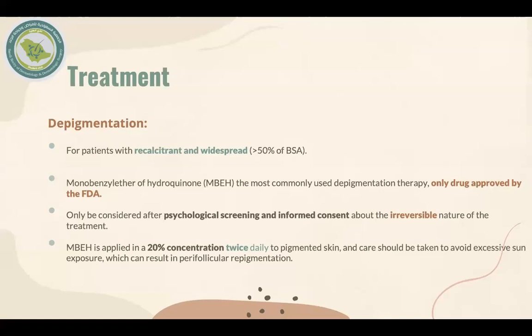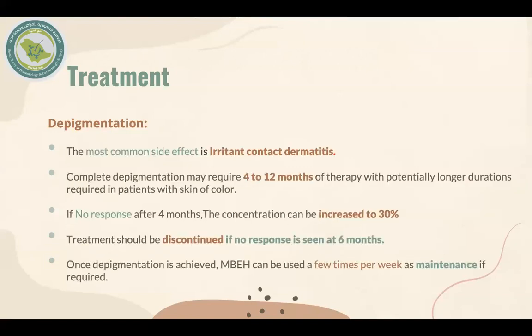It's applied in a 20% concentration twice daily to the pigmented skin, and care should be taken to avoid excessive sun exposure, which can result in perifollicular repigmentation. The most common side effect is irritant contact dermatitis.